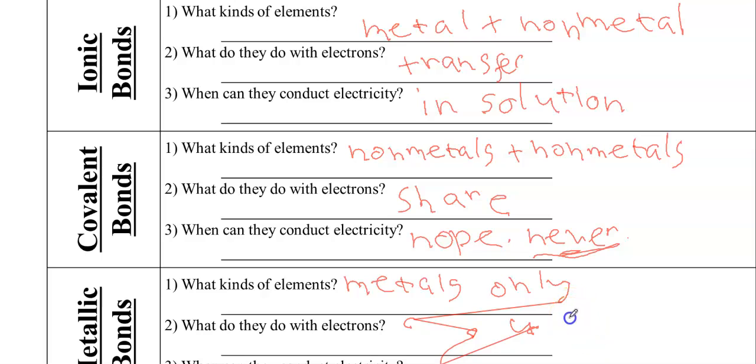Sea of electrons. And that last one got a little bit cut off. Sea of electrons. Okay, but it says when can they conduct electricity? Always. They're good conductors. Always.